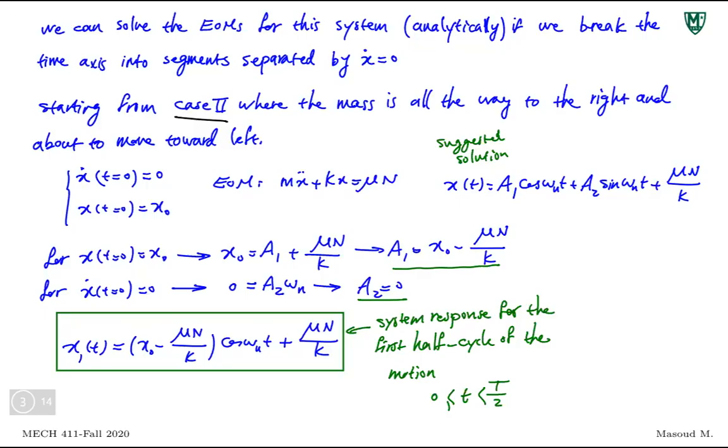What is the initial condition at this moment, when I want to start looking at the second half cycle? I need to know the initial conditions, right? I know the equation of motion for that half cycle, I found it before, but in order to solve the differential equation, I need the initial conditions. How do I find those? Does anyone have any idea or suggestion?